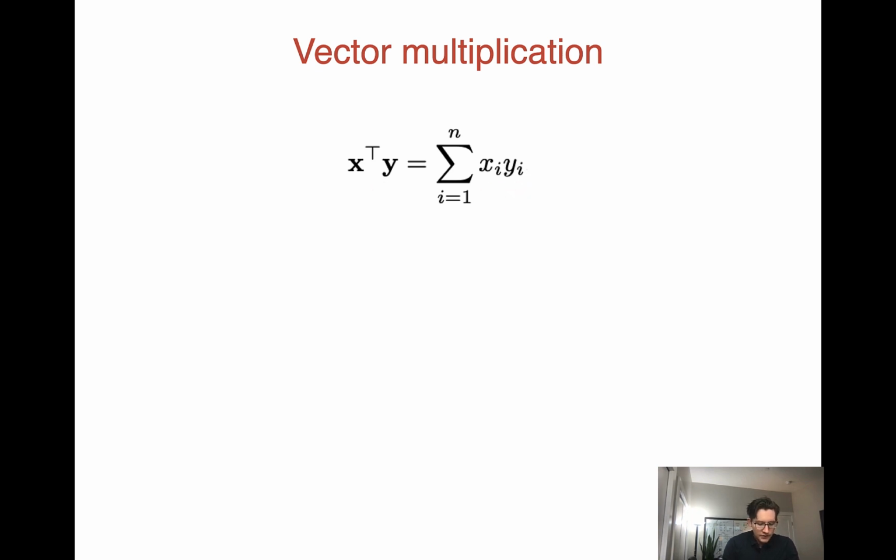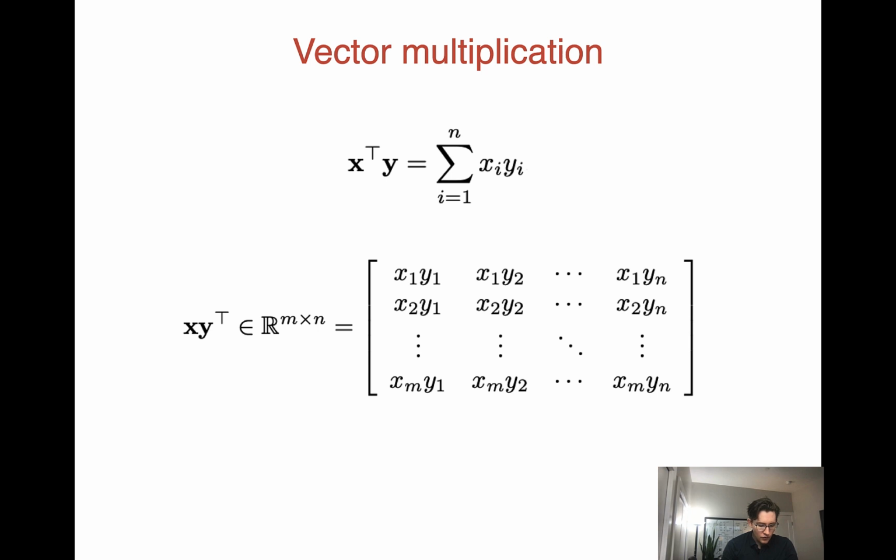This is called a dot product. Also an inner product. Vice versa, what if we put a column vector times a row vector? This is a different kind of product called an outer product.